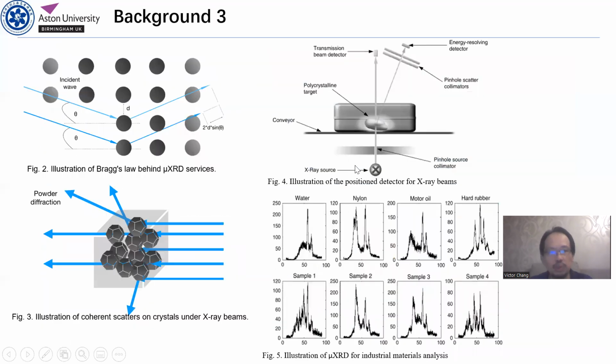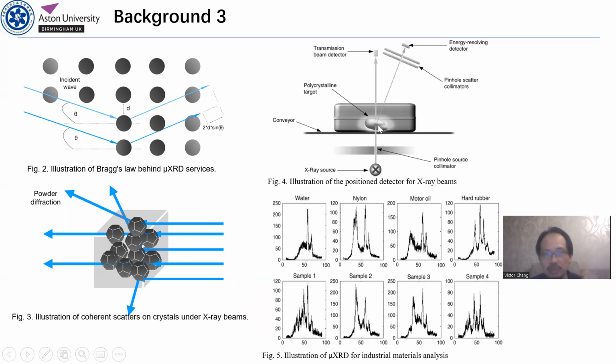Just to recap, if you do not know much about physics, this is how it looks when you have the beams, and then you get a diffraction. This is called Bragg's law, behind the micro-XRD services. Scientists can then direct the beams onto the sample, observe what happens, and collect the outcomes.